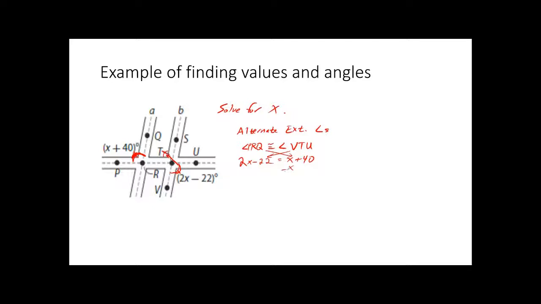And I'm going to go ahead and use the subtraction property and the addition property so that I can isolate my variable, which in this case is x. 2x minus x is 1x, and 40 plus 22 is 62. All right, so notice how I used the postulate first, and then I worked down with my algebra and got my answer. So you have to know what your angles are, okay?